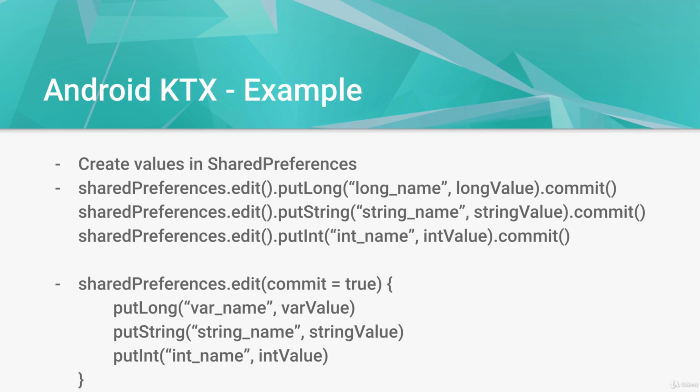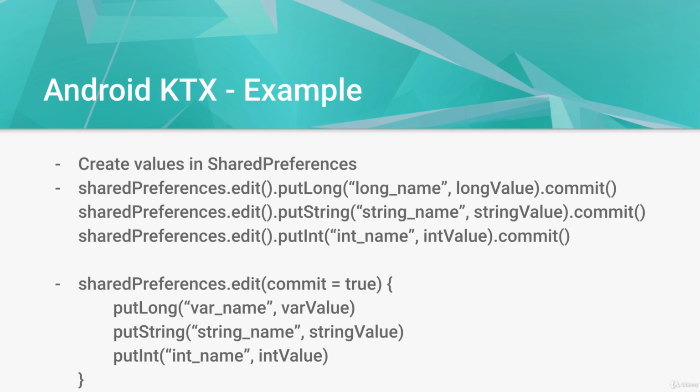So that obviously saves us a lot of processing power. It's more efficient to do it this way, but it's also more readable, I would say. So that's an example of what KTX does.